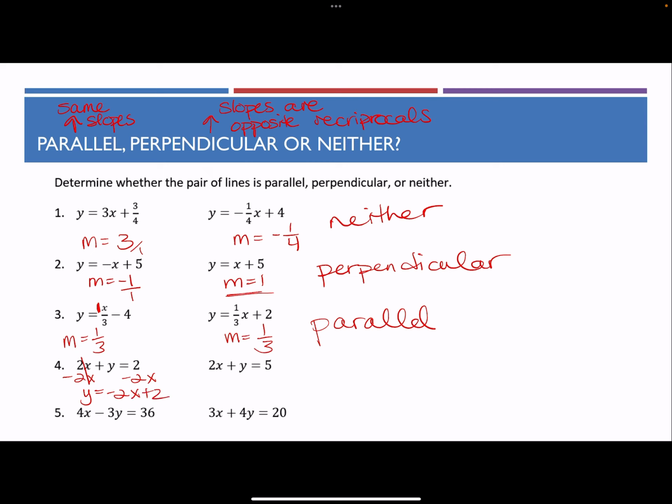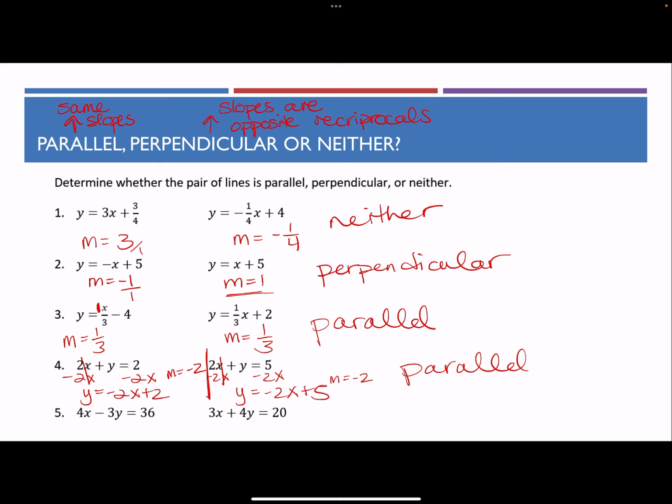Now y is by itself, so now I can say m is equal to negative 2. All right? And then for this second equation here, again, I have to solve for y. I got to get y by itself. I got to subtract 2x. That cancels. Y is equal to negative 2x plus 5. What's your slope? M is equal to negative 2, right? Negative 2, the lines are parallel.